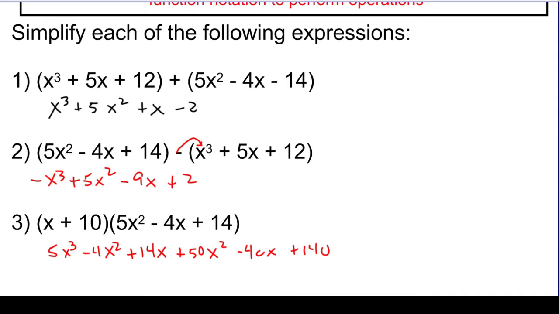Then our job is just to combine like terms, so it's 5x cubed, and then negative 4x squared plus 50x squared would be plus 46x squared. 14 minus 40 is minus 26x plus 140. So this is exactly what you've been doing for years, that you started in Algebra 1: add, subtract, multiply with polynomials. The only thing that we're changing is how I ask you to do these things.